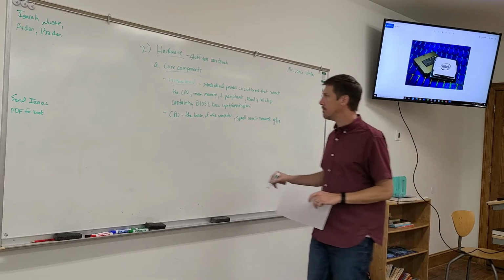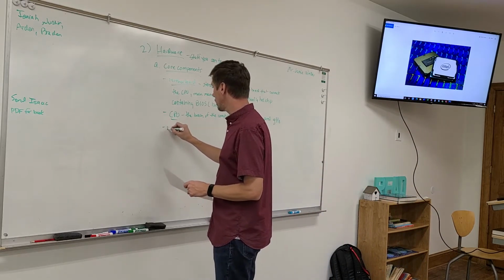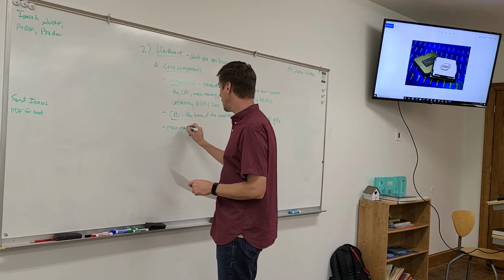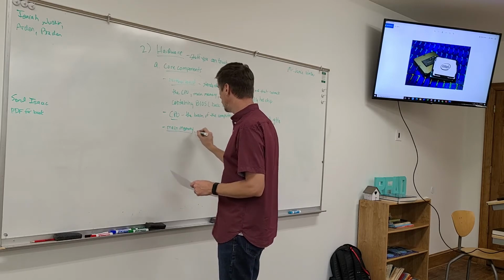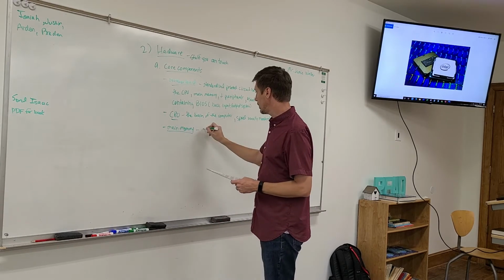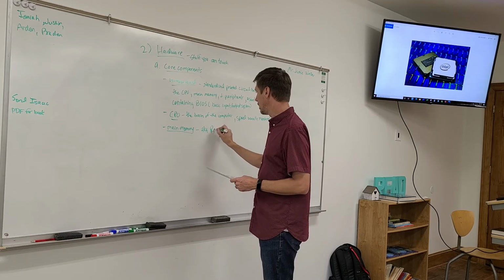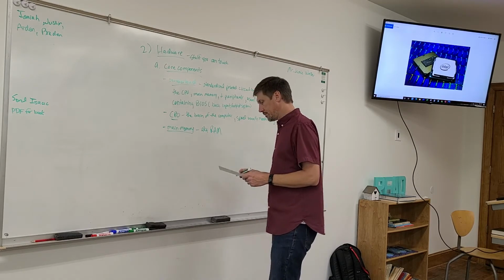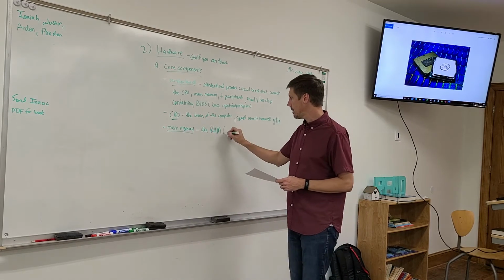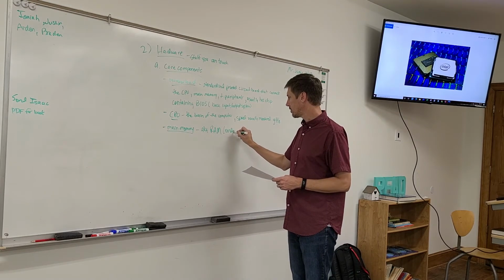We also have main memory. So the CPU is another part of the core components. You've got to have that in order for the computer to function. You have main memory, which is also known as RAM, or random access memory is what that stands for.